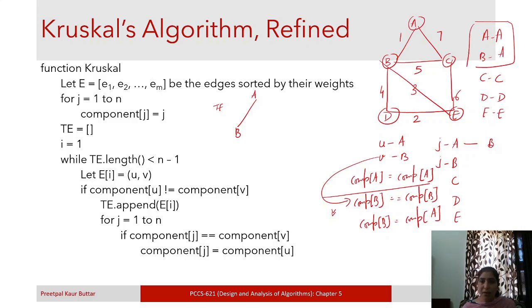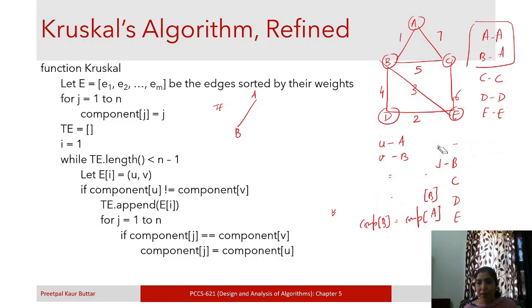Okay, similarly we will move to the next iteration. Okay, so in the next iteration we will pick the next smallest edge, that is D comma E. So now let me erase this.